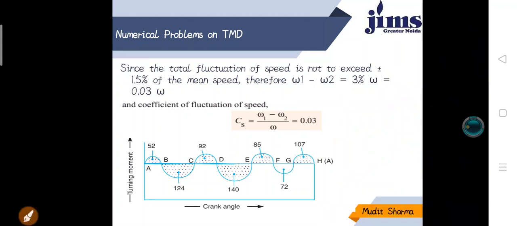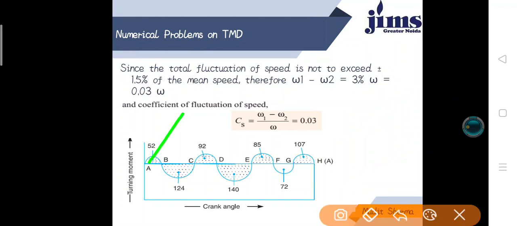So you can understand how we calculate the value of Cs, that is 3%, equal to 0.03. This is the diagram for this numerical.